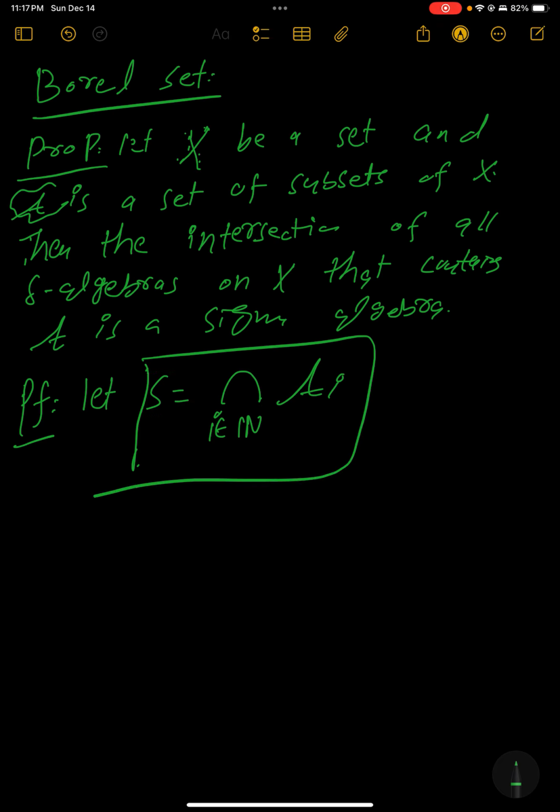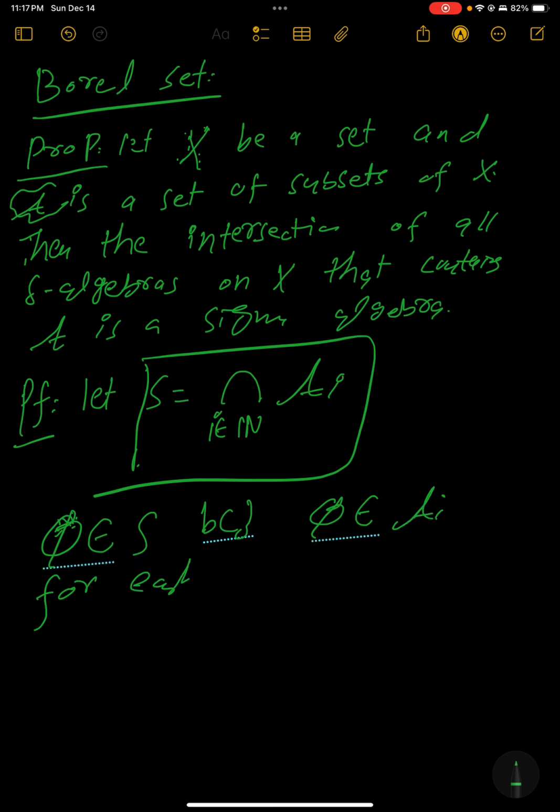Clearly the empty set will be in the set S, because phi belongs to A_i for each i. That's very obvious. If it is in each A_i, it will be in the intersection.